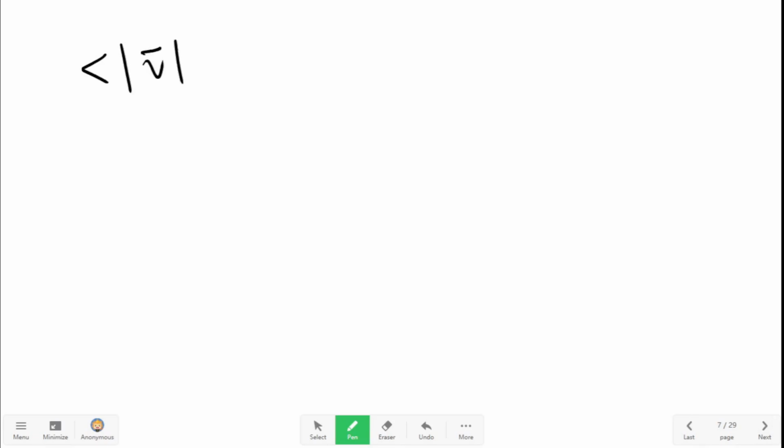modulus of V. This is simply equal to the average of V. This is equal to the integral of V f of V dV. Here let us put the Maxwell's velocity distribution formula for 3D in spherical polar.